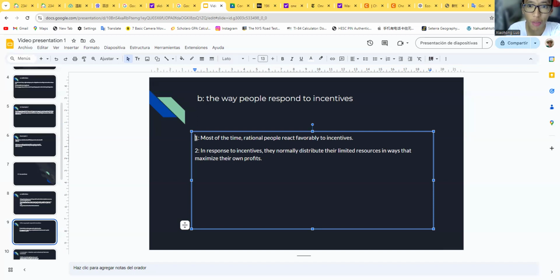It is reacted to favorably only by rational people.